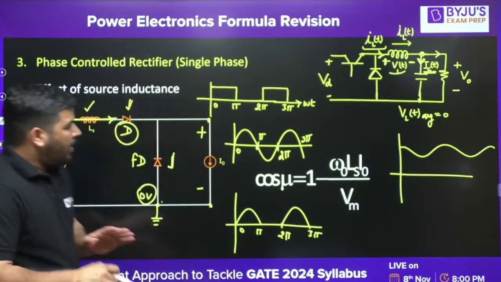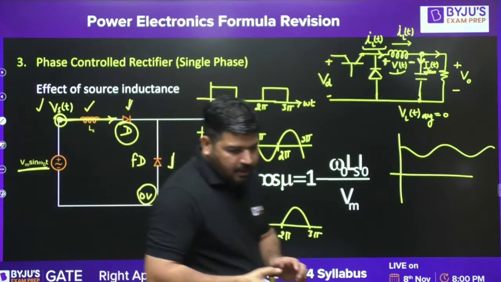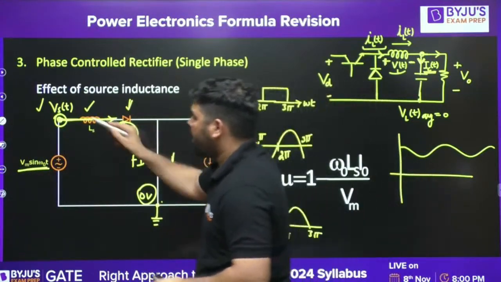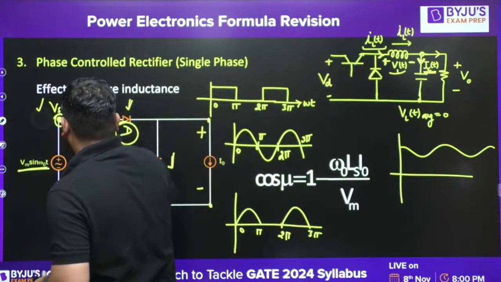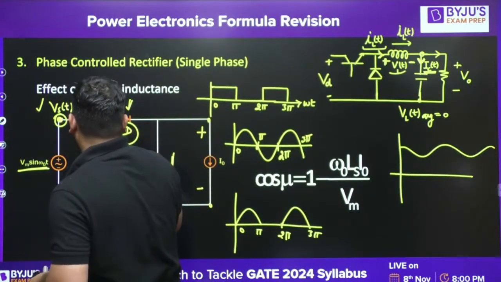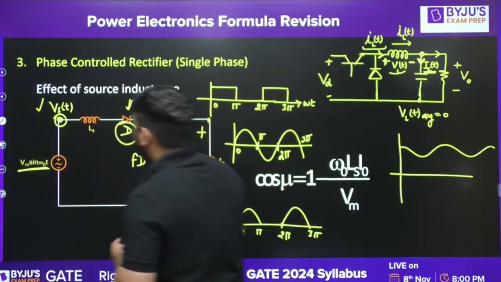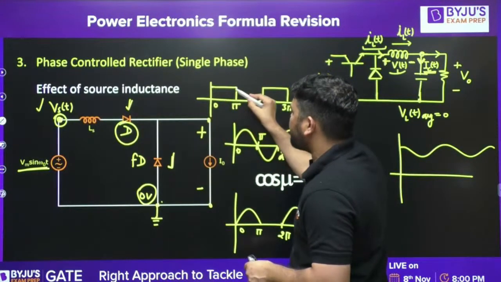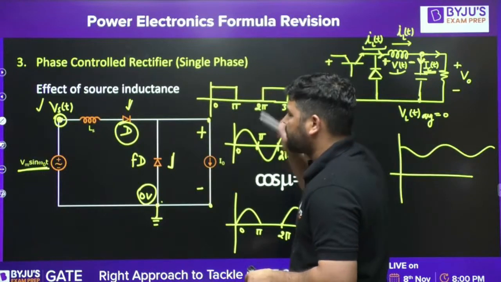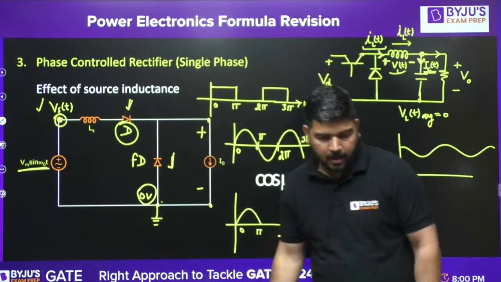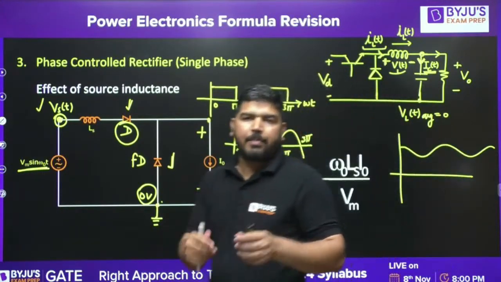But the problem is when we have the source inductance. If we have this inductance, then current cannot change abruptly. This source current cannot change abruptly, and it will not go to 0 abruptly. So there will be some overlapping.